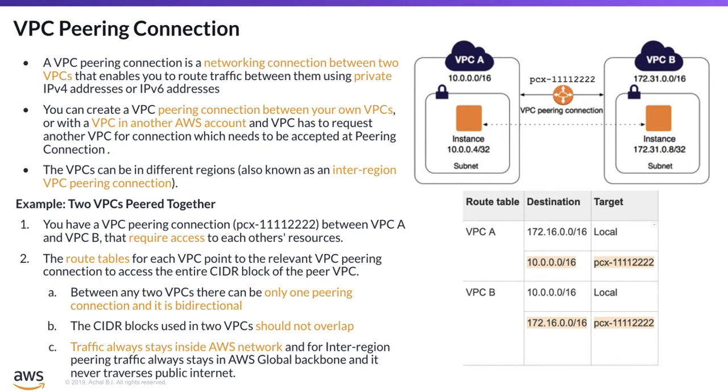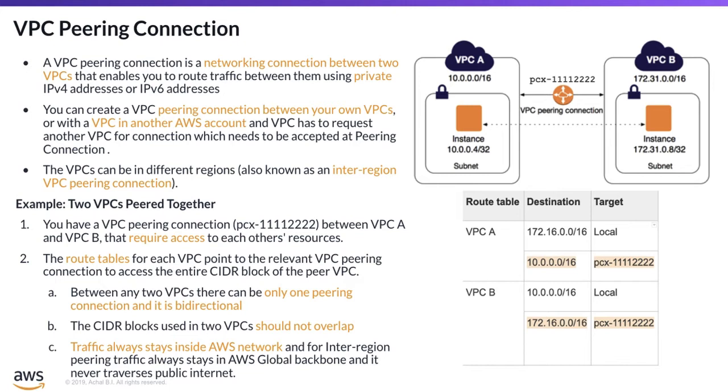Whenever you create a VPC peering connection, it will ask for the requester. Let's say VPC A is trying to request to connect to VPC B, then it will register VPC A as the requester and VPC B as the acceptor. If both VPCs are owned by you, then you just have to go to the VPC peering connection console and accept it.